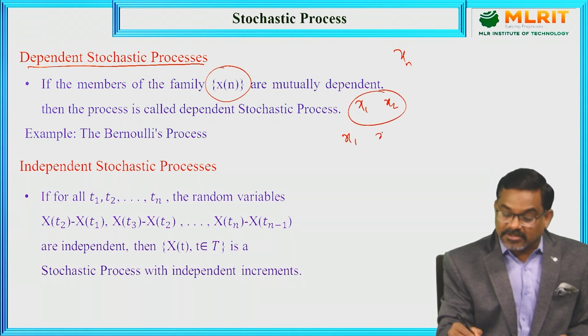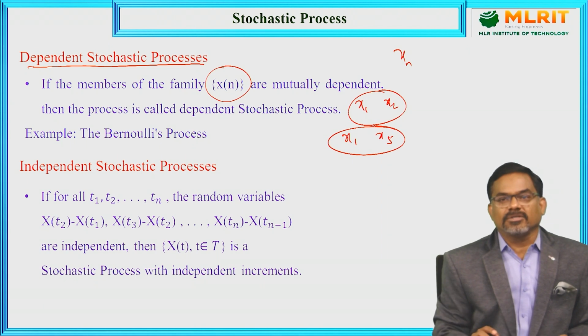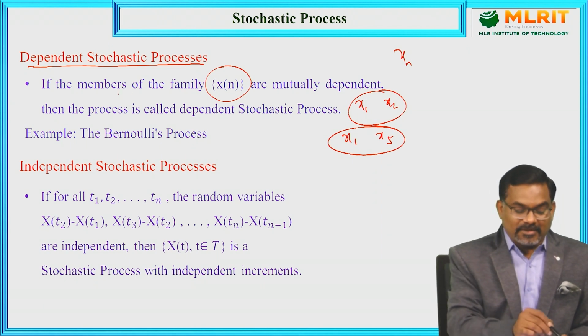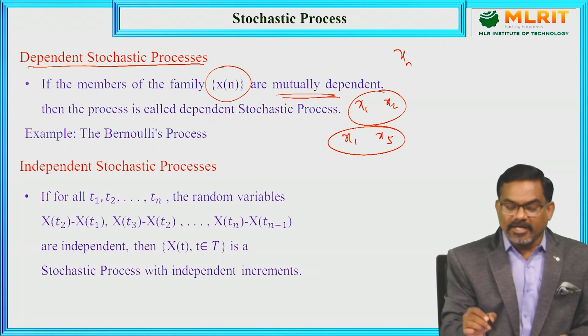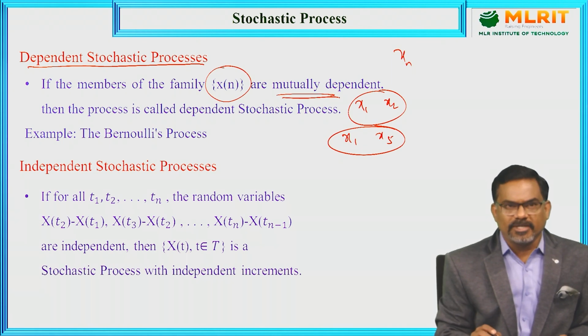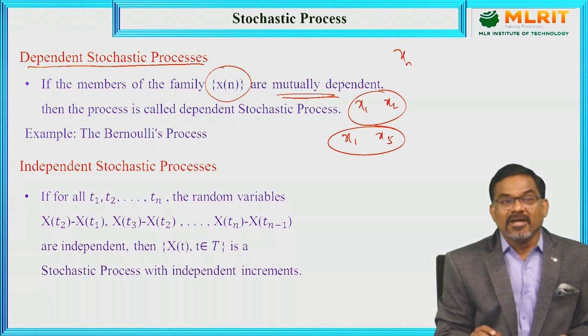Similarly, x1 and x5 also must be dependent. So, if the members of the family are mutually dependent, then the process is said to be a dependent stochastic process. Otherwise, it is said to be an independent stochastic process.